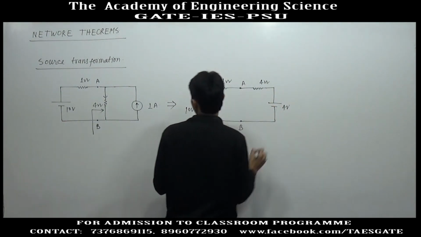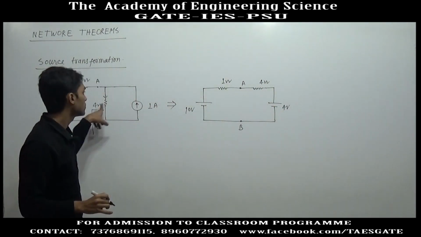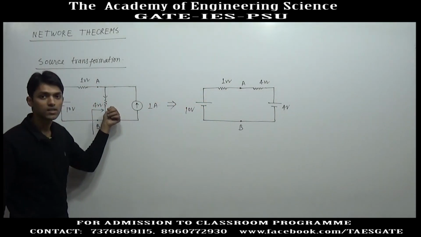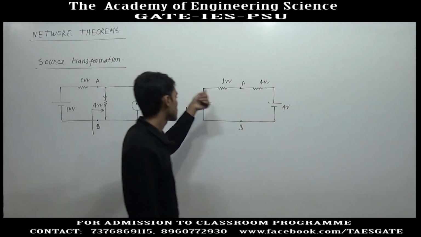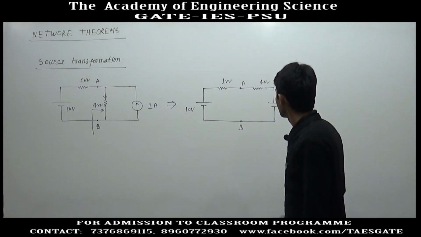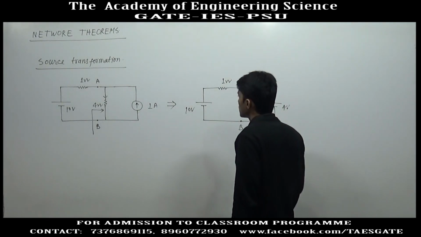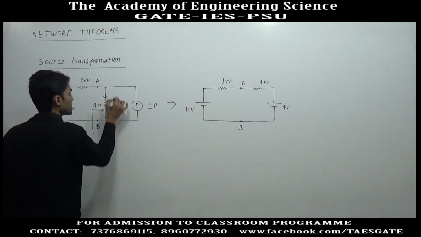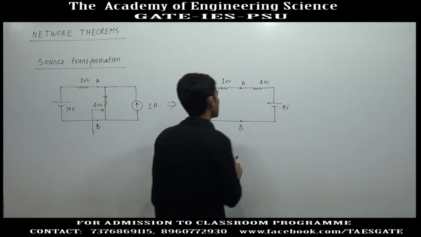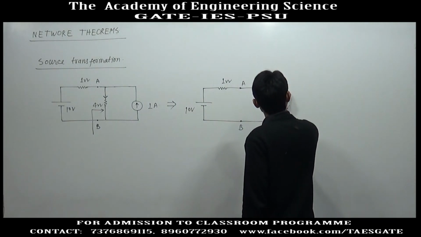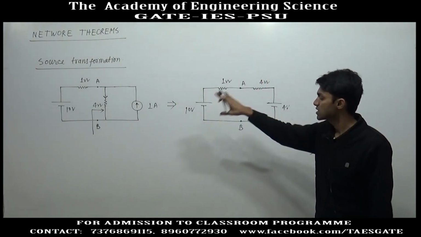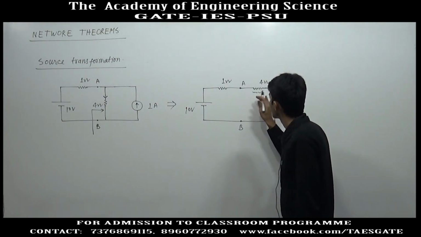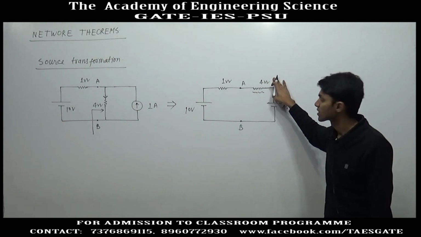Now here I said that although the value of the resistance is the same, that is 4 ohm, yet these two resistances are not the same. You are asked to find the current in this resistance in the original circuit, and suppose you assume the two resistances are the same and calculate the current in this 4 ohm resistance.